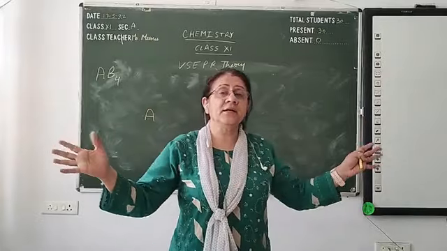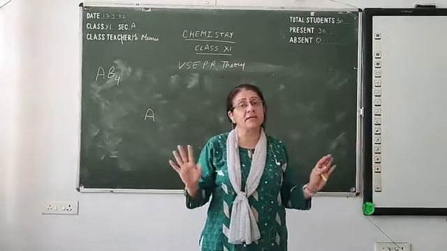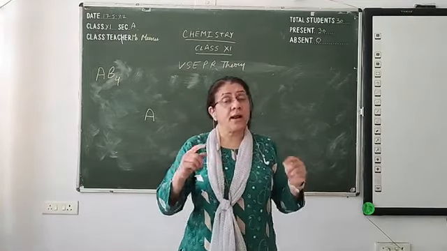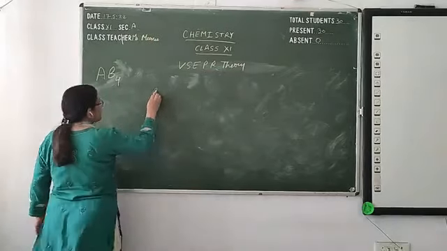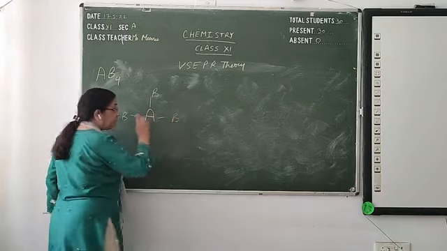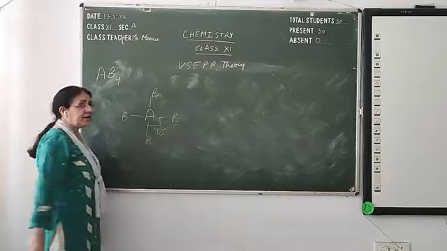Now these B atoms will try to stay as far apart as possible. There are two possibilities. The B atoms may arrange in a planar shape, but then the bond angle is going to be 90 degree.